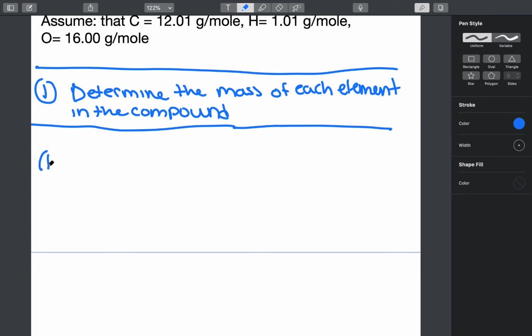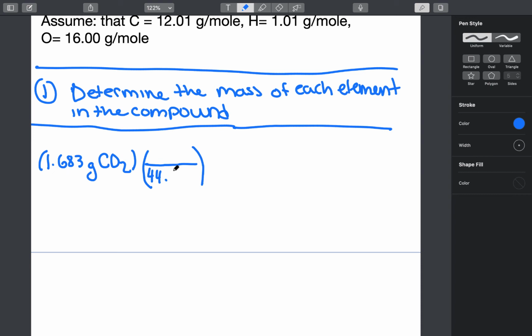So if you have 1.683 grams of CO2 formed, we know that the molar mass of CO2 is 44 point... let's just add it. If you don't know how to add this, what you do is you add the molar mass of the two oxygens to the carbon.